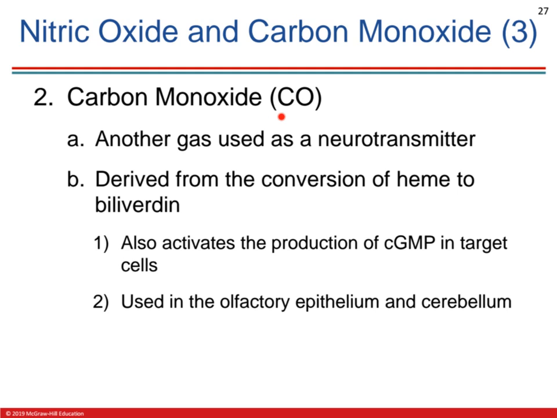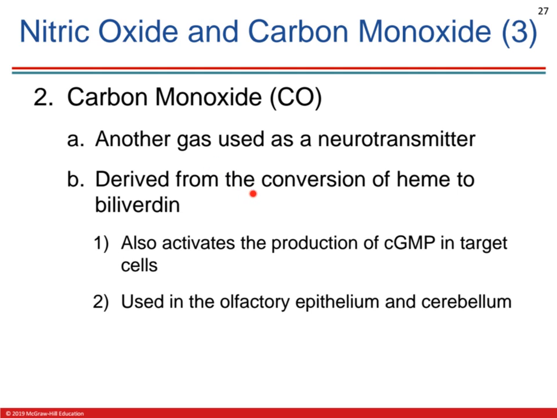Carbon monoxide is another very interesting neurotransmitter. Carbon monoxide is actually very toxic. It can kill you. You can have carbon monoxide poisoning, and that will lead to death because it will compete with oxygen at hemoglobin within your blood. But in small quantities, it's another gas that's used as a neurotransmitter within your nervous system.